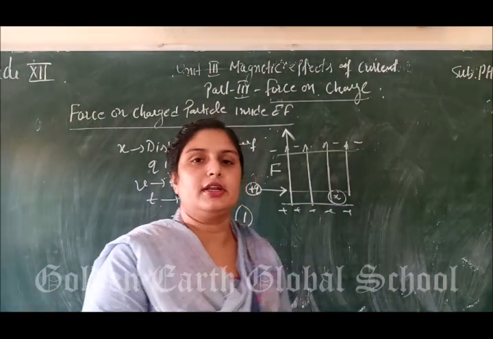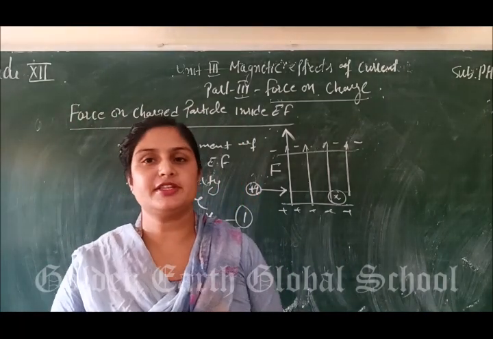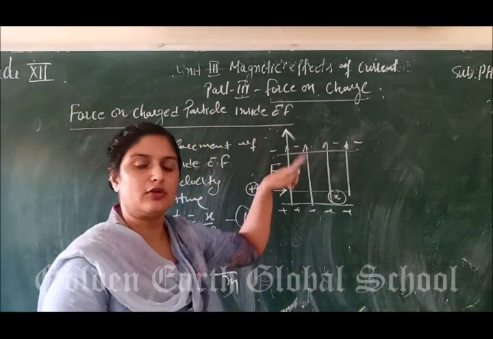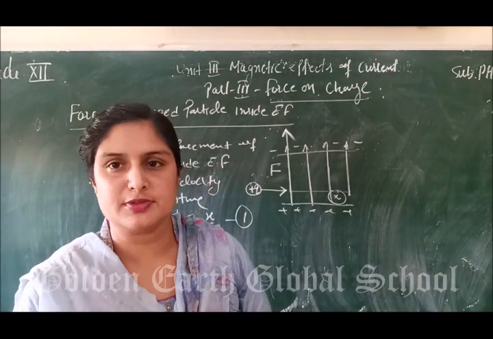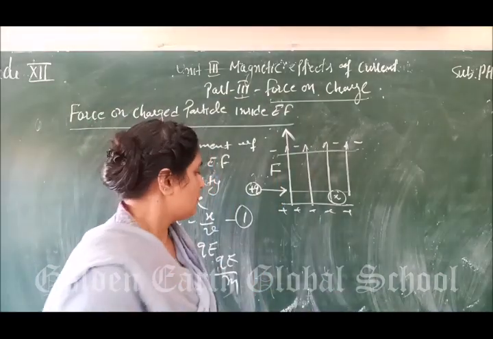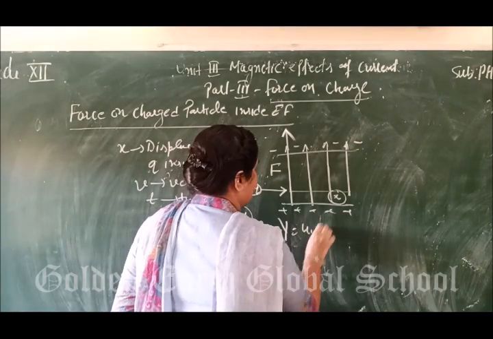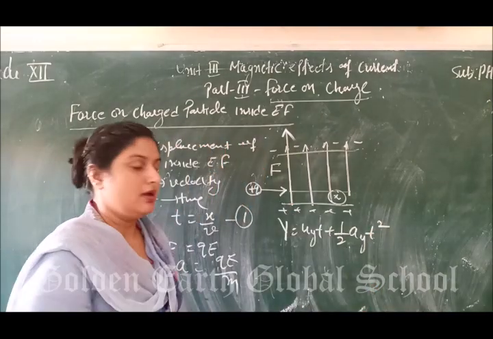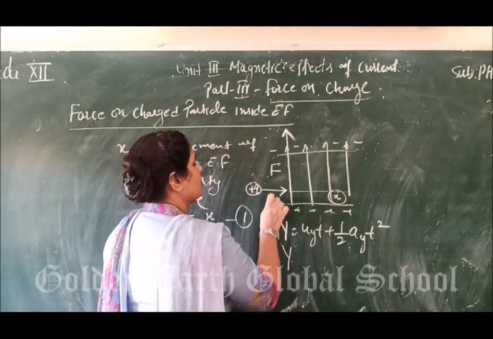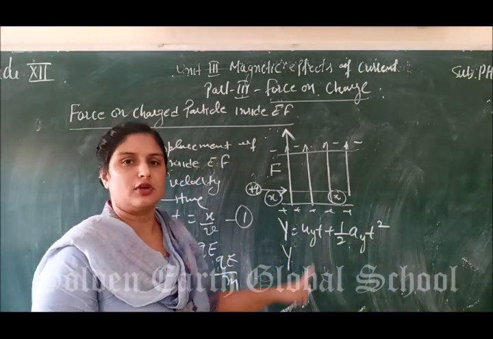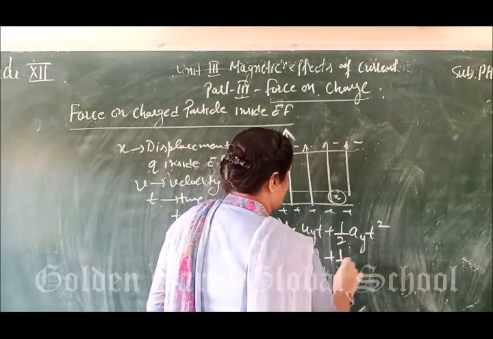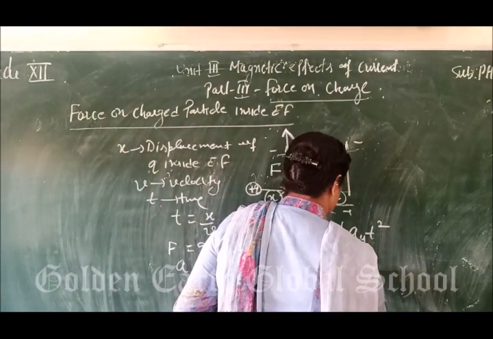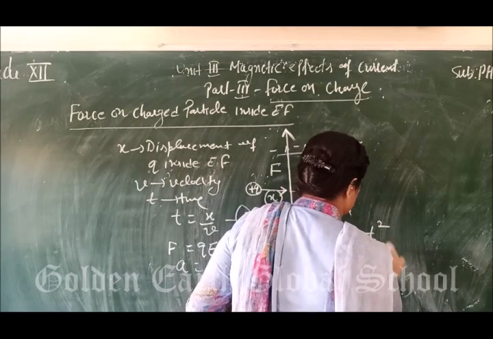Now we are going to calculate y, the displacement covered by the particle due to this force F. The force is acting along the y-axis, so the particle will cover some displacement along the y-axis. So y is equal to ut plus half at square. Initially the particle was moving along the x-axis, so the initial velocity along the y-axis is 0, plus half a t square, where a is QE upon m, and t is x upon v, whole square.